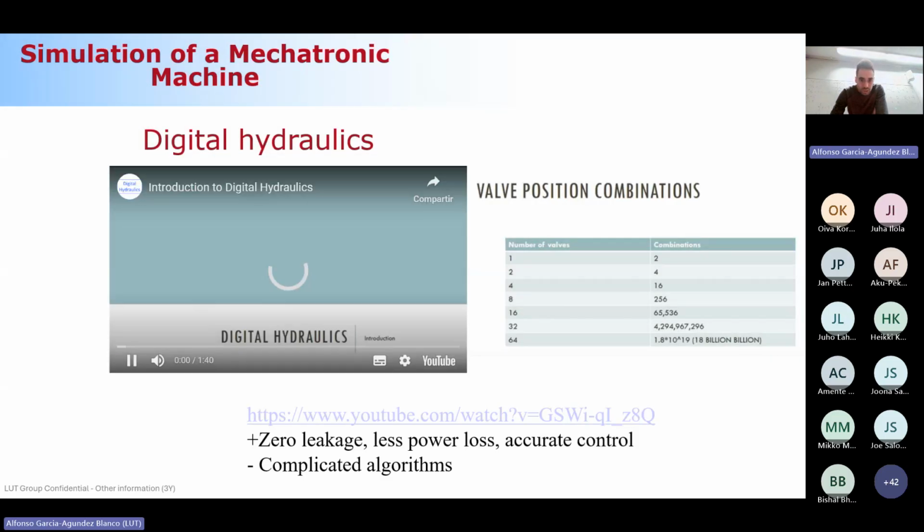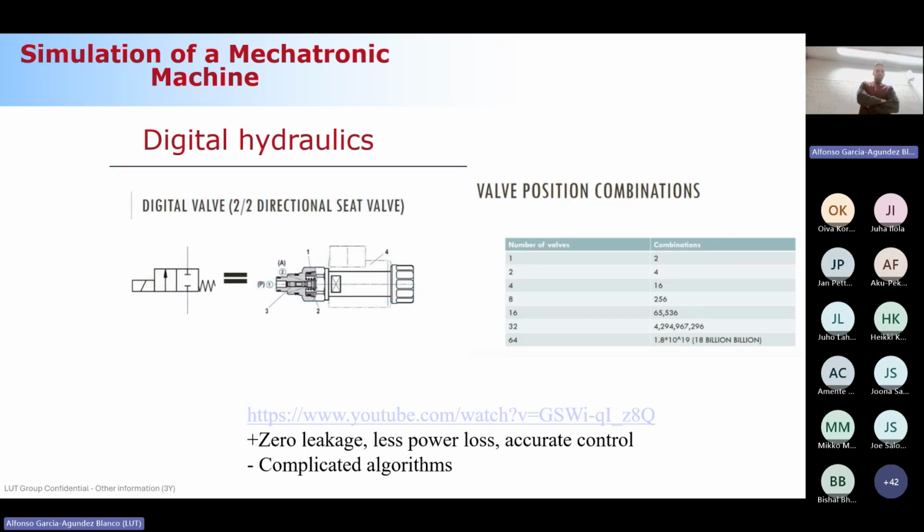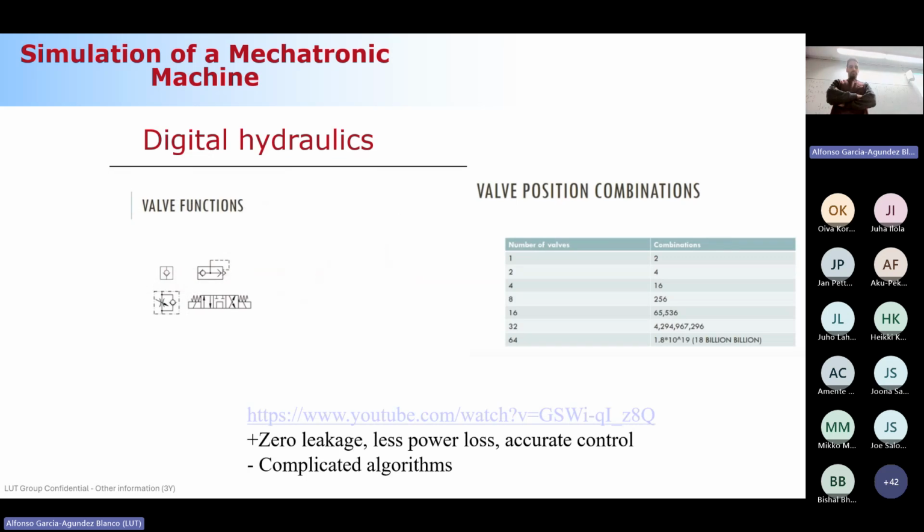Digital hydraulics, the system variables, pressure and flow, are controlled with multiple on-off directional seat valves. Each valve is solenoid operated and has only two possible positions, on and off. This is why the term digital is used. These valves are used to implement all valve functions, such as pressure, flow, and directional control.